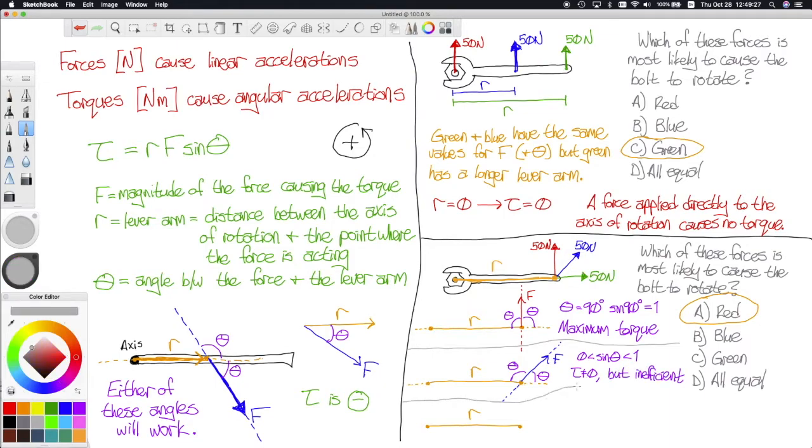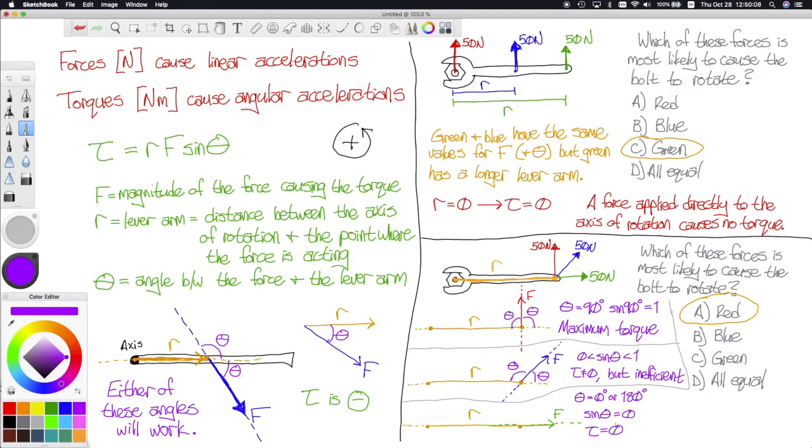And then last but not least, we have this green force, which is applied along the lever arm. So if we extend out our force and we extend out our lever arm in either direction, the angle between these is either 0 degrees or 180 degrees.